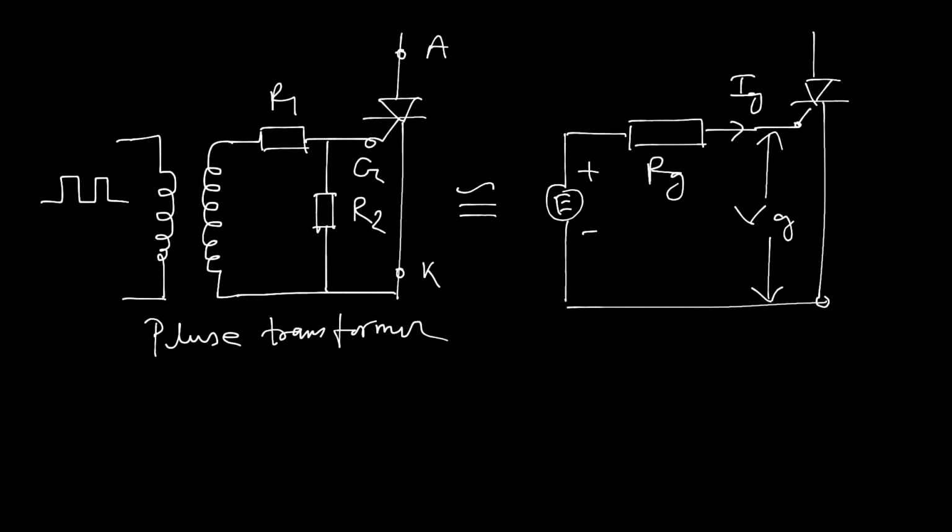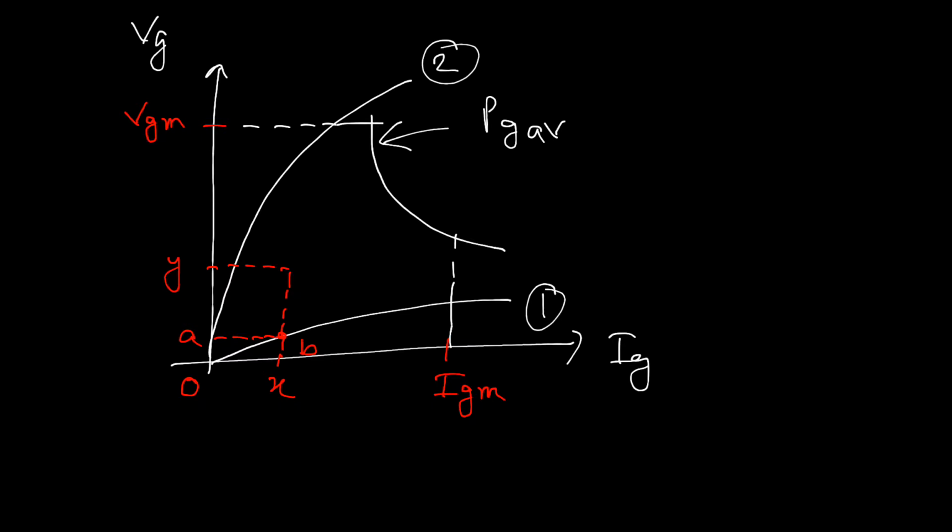So go to the previous slide. Here, consider this is E, which is the supply voltage to the gate driver circuit. This is, suppose, I, which is defined by supply voltage E divided by Rg.